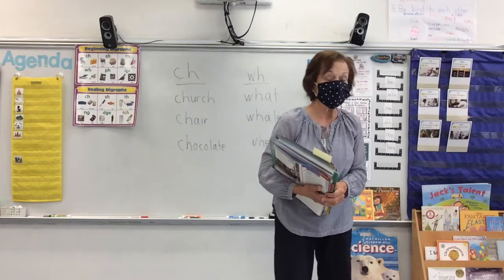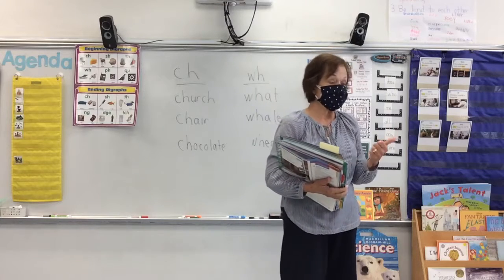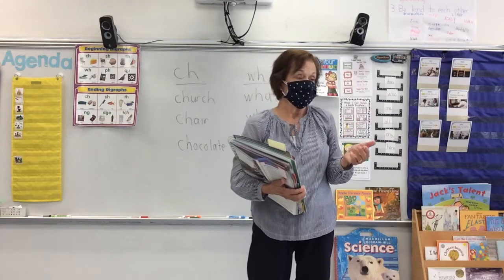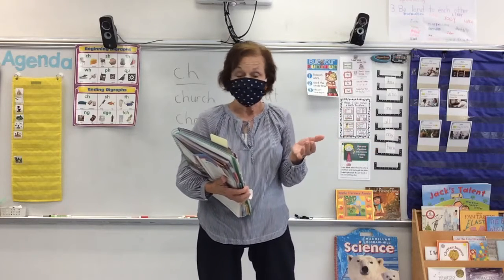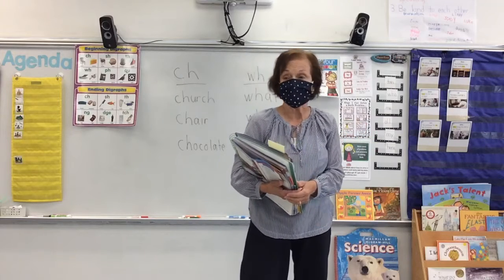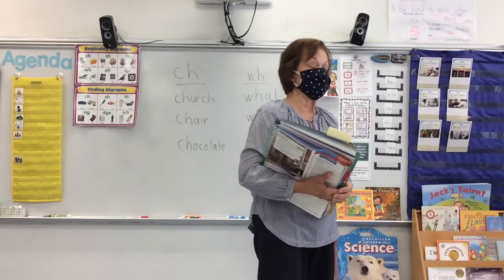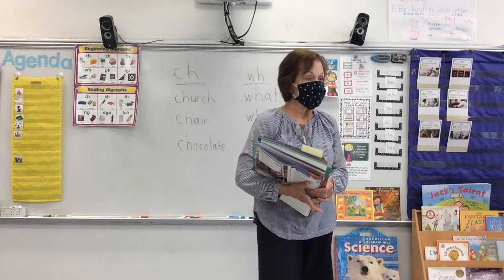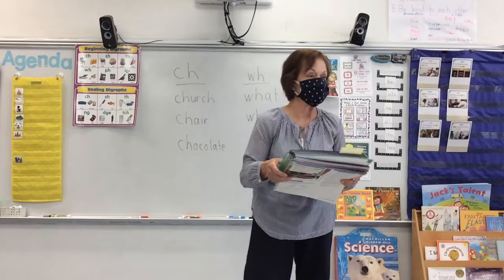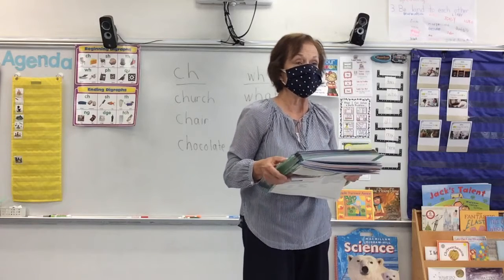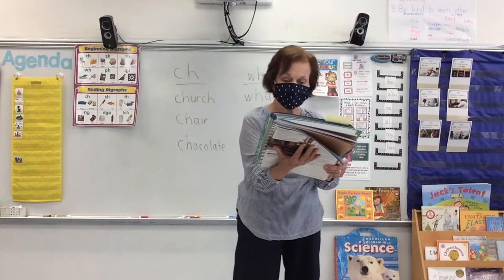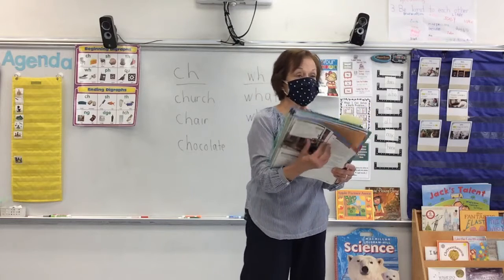A graphic feature can be a picture, a photograph, a drawing, a map, a chart, anything that gives us more information about what we're learning about. We often see graphic features in informational text, and this story that we're going to read is informational text. It gives us facts about a neighborhood.